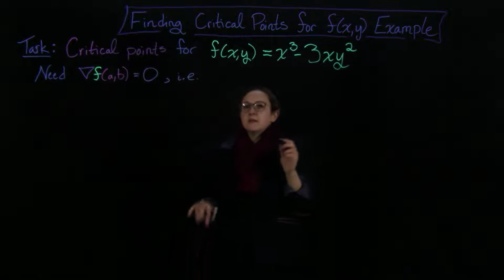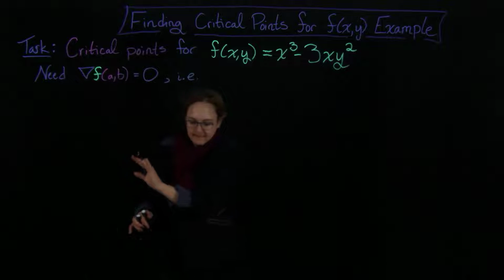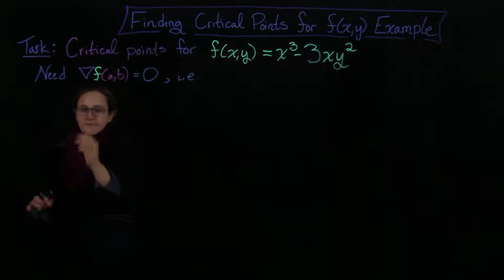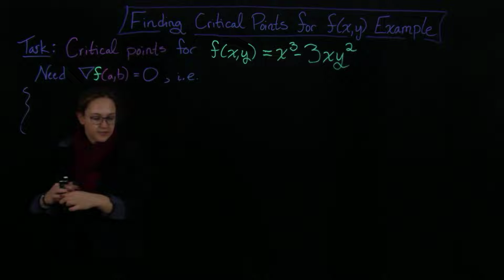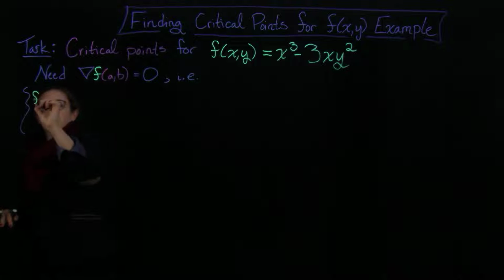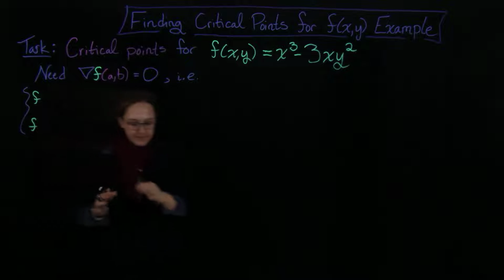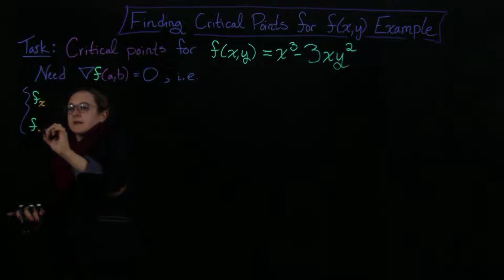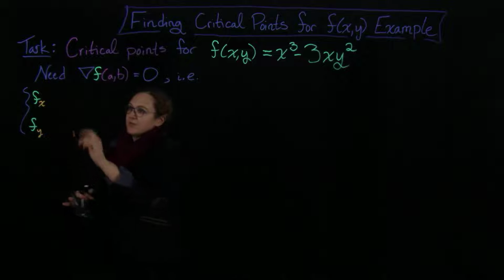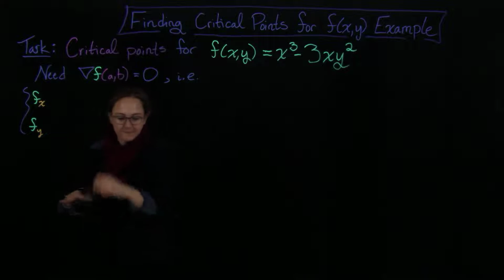That is, there are two partial derivatives we need to worry about. I'll write both of them, so that you can see we're taking the partial derivative with respect to x and with respect to y.